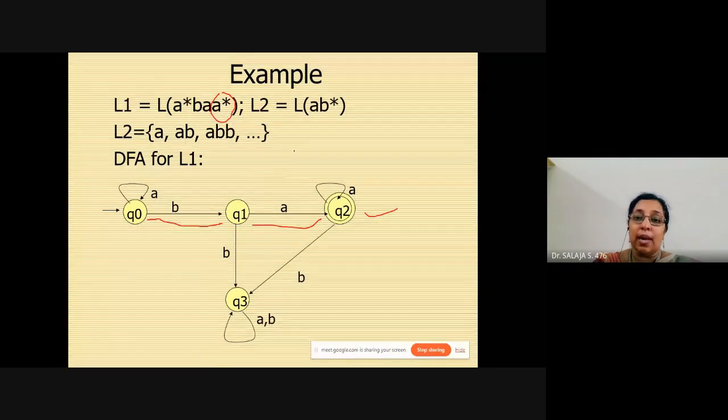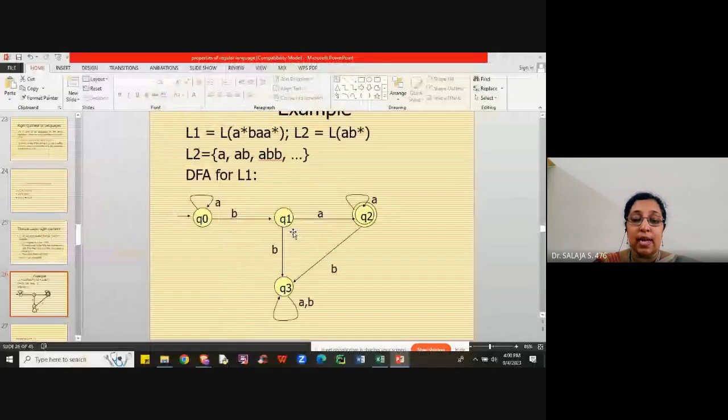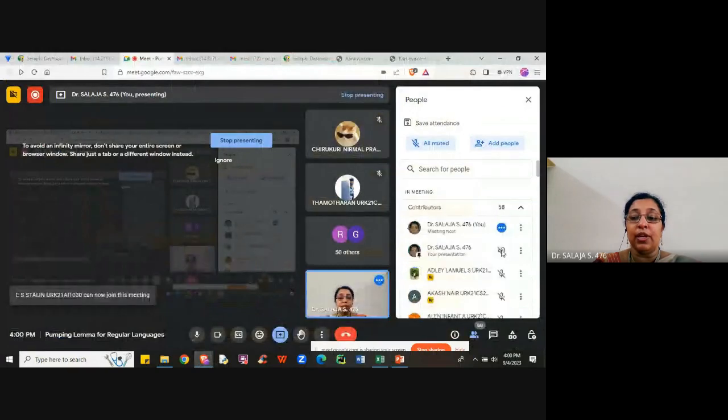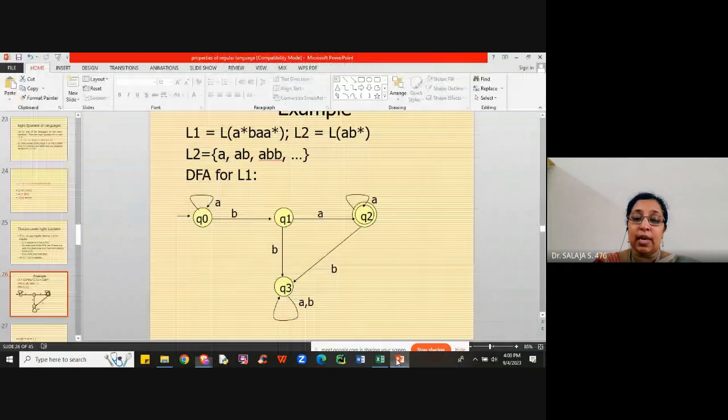Now, we are supposed to find L1 slash L2. How do I find it?